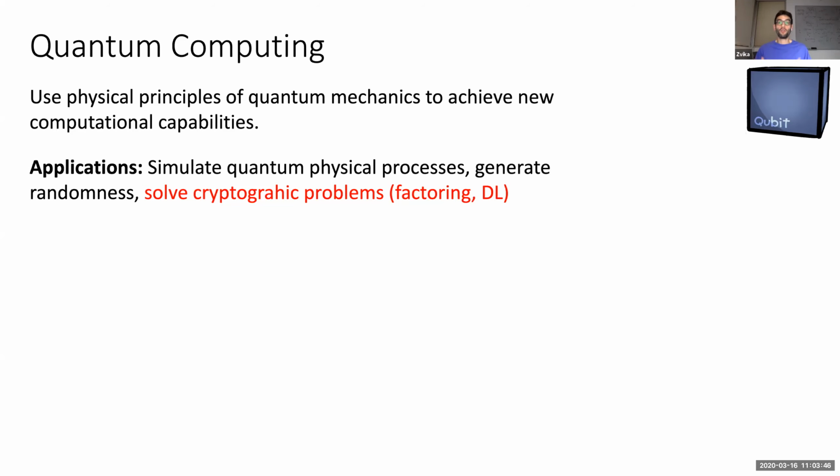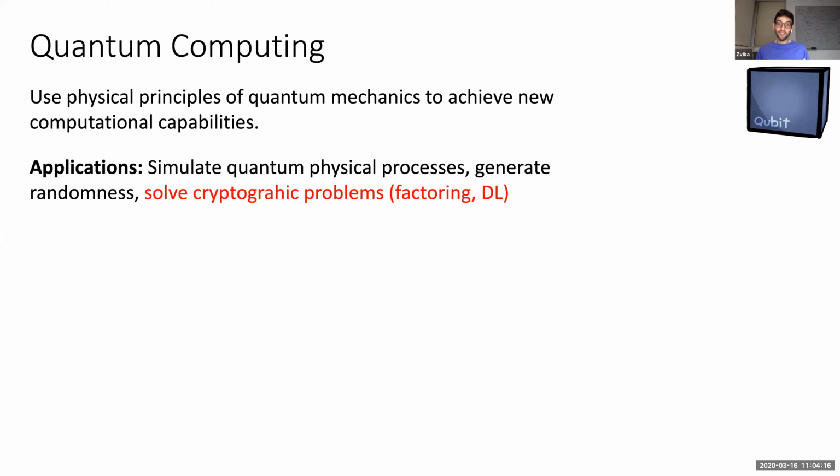In cryptography, we base the security of cryptographic schemes on the hardness of computational problems. Many of the cryptographic schemes that we use today are based on the hardness of factoring large numbers or computing the discrete log over some groups. Using a quantum computer, these problems can be solved efficiently, in polynomial time, which is a problem for the cryptographic use of these schemes.